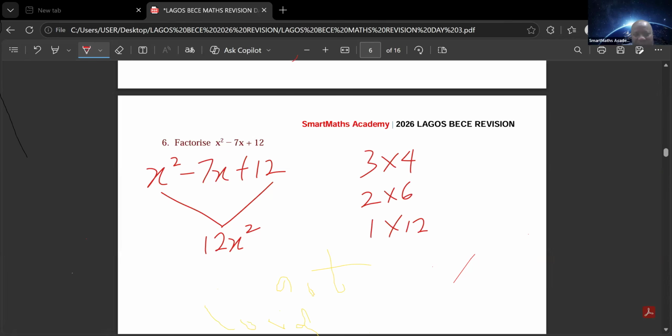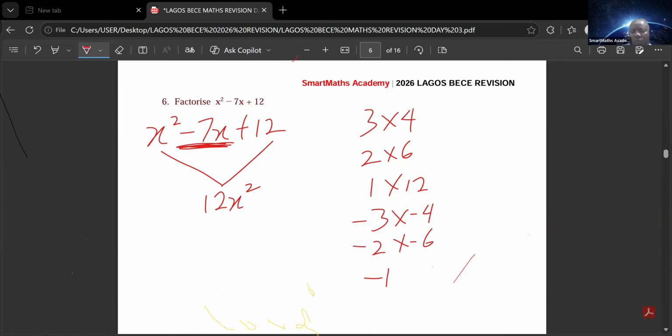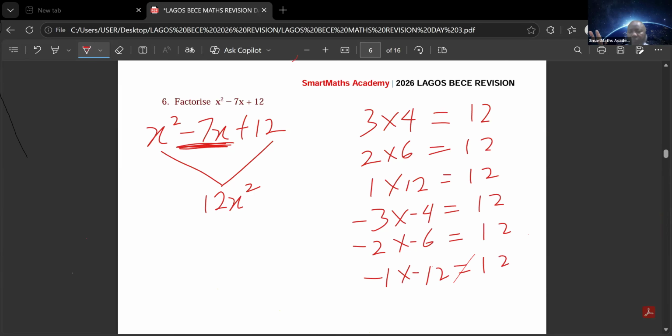Because we have a negative in the middle, we can also have minus 3 times minus 4, minus 2 times minus 6, minus 1 times minus 12. So this is 12, 12, 12, 12, 12, because minus times minus gives us plus 12. Very good. Now, this is the product.